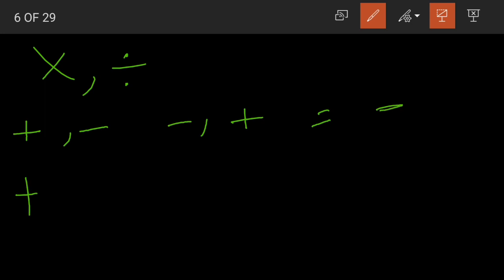But when we have two same signs, like two positives or two negatives, then the answer will be positive. Is this clear?